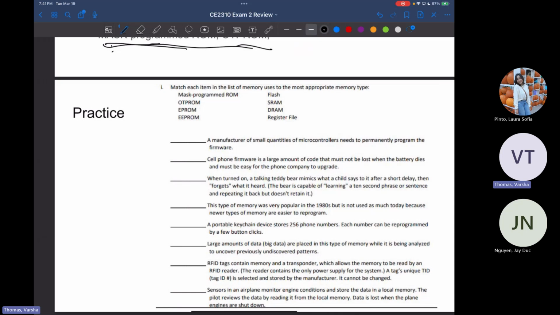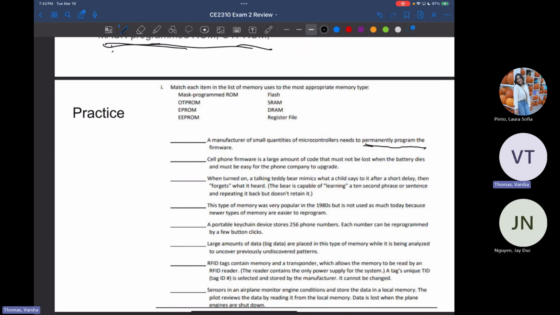A manufacturer of small quantities of microcontroller needs to permanently program the firmware. So this one, we can look at it. Let me think about it a little bit. It has a small quantity of microcontroller that needs to permanently program the firmware. Look at this.